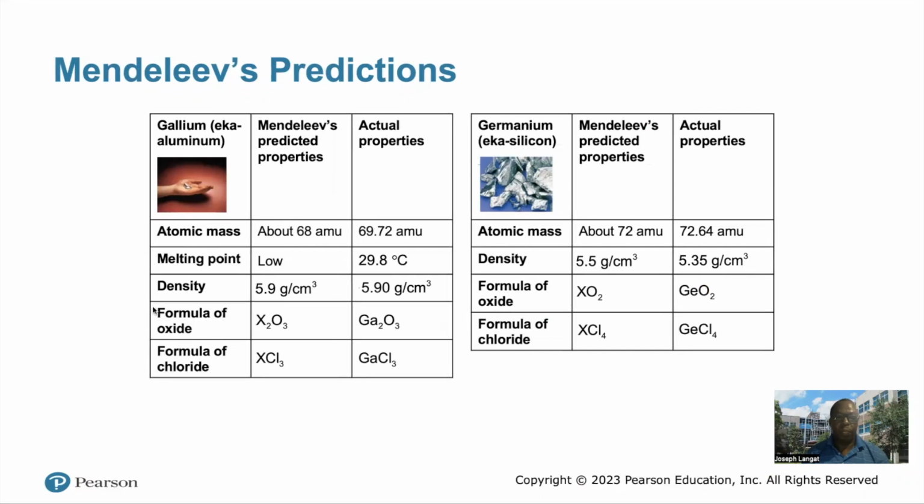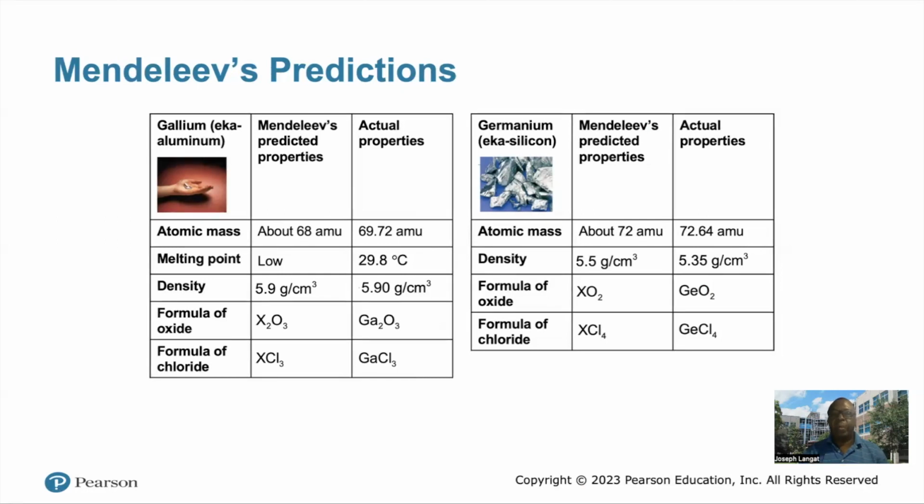Look at the chemical formula for the oxide. Look at the chemical formula for the chloride. This is what he proposed. Even germanium is the same thing. This is the reason why Mendeleev is considered as the father of the modern periodic table.